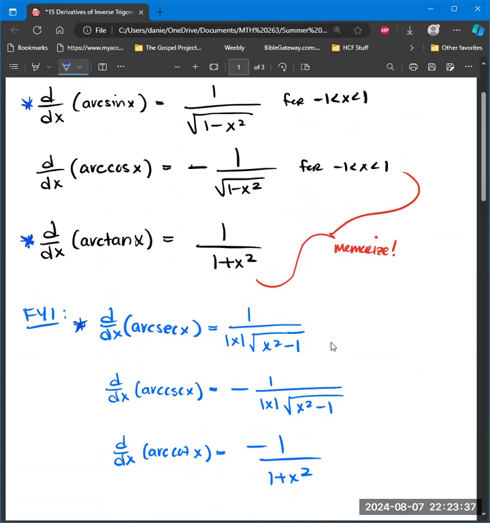But focus on this section in particular with memorizing these 6 rules, but especially the 3 rules that I put stars next to, because the cofunctions here are just going to be negatives of the ones that are not cofunctions. So memorizing the first 3 basically gives you the other 3 that are just negatives of them. And because of that, when we get to some stuff later in Calculus 2, we're only going to focus on these 3 rules because we don't want the ones with the negatives in them.